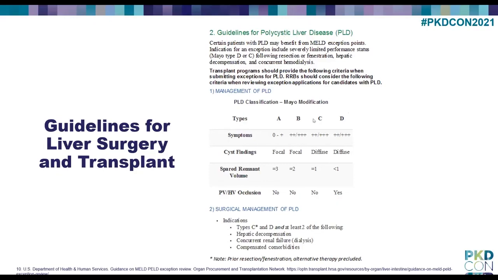What this means basically is if you have renal failure or are on dialysis currently, and you have a very large liver with symptoms, with diffuse cysts, with very little remnant liver left, then you can be listed for MELD exception points, which means that you can make more points on the list for the combined kidney liver transplant.